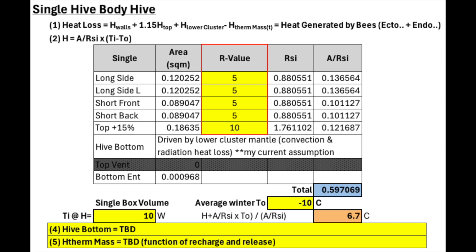I'll show you, this number here, below the -10, that's pretty much the effective temperature of that inside wall. Because I reversed the formula, we know what the outside temperature is, and we know the heat generation of that cluster, so it's 10.